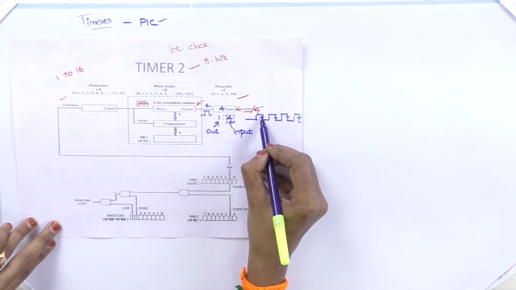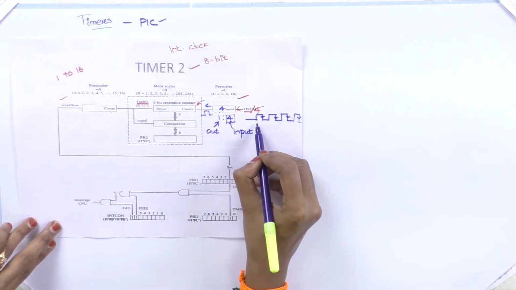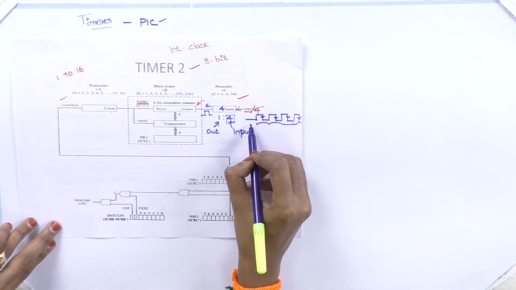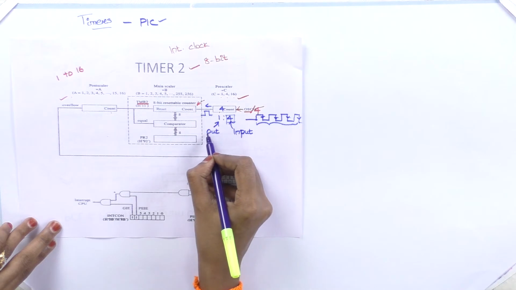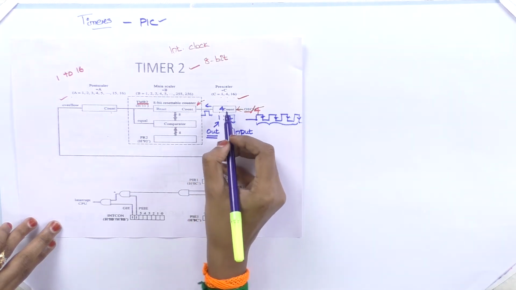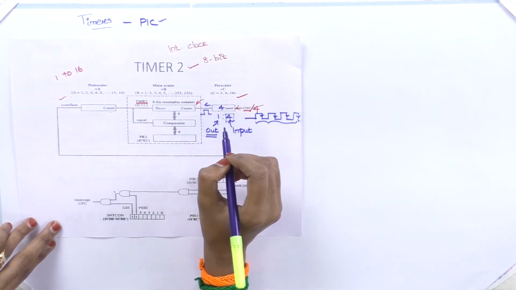If you have doubt about the falling edge, just leave it: for every 4 clock pulses, one single pulse will be given as an output from the pre-scaler.